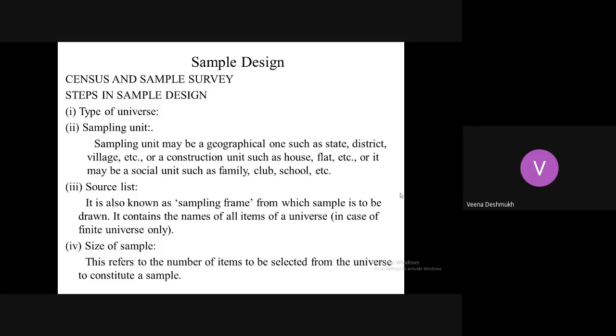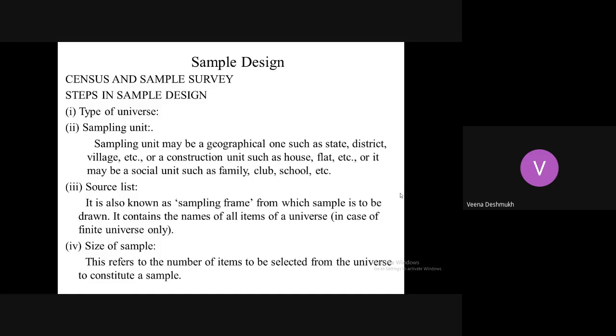Similarly, it may be restricted to even smaller units such as a house, flat, etc. Or it may be a social unit such as a bigger family, club, school, etc. The drive conducted last week was over the entire district, and even the schools, clubs, and colleges were all involved in it.